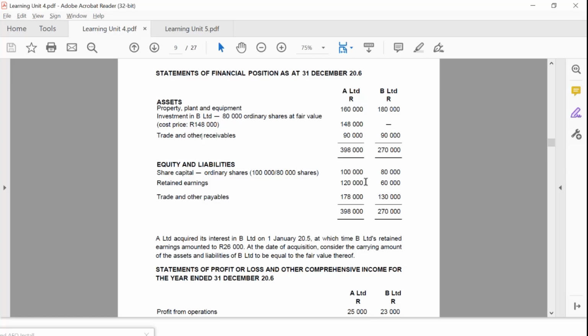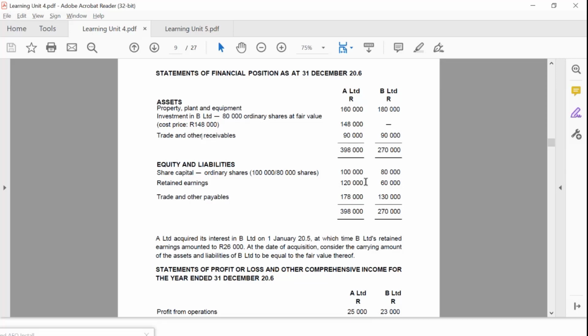That is the entry that the parent company would have passed in their own individual financial statements when it went to acquire the subsidiary. Debit investment, credit bank. Like when you acquire anything at all, you debit. If you acquire a book, debit book, credit bank. If you acquire a vehicle, debit vehicle, credit bank. If you acquire furniture and fittings, debit furniture and fittings, credit bank.